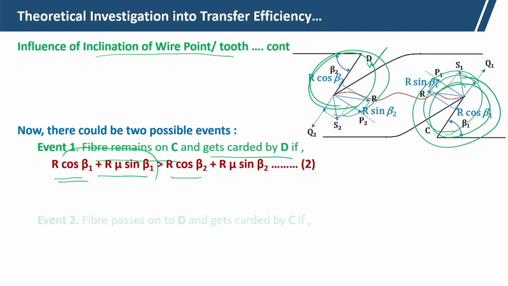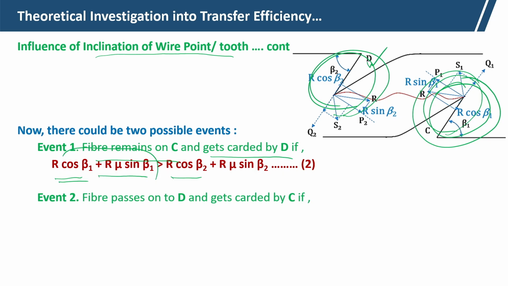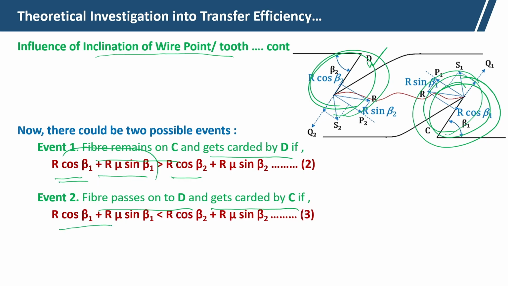For event 2, the fiber passes from the cylinder to the doffer and gets carded by the cylinder. The condition is just the opposite: R cos beta 1 plus mu R sin beta 1 is less than R cos beta 2 plus mu R sin beta 2.